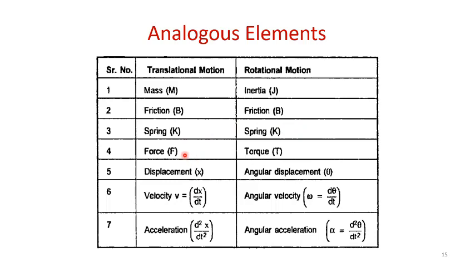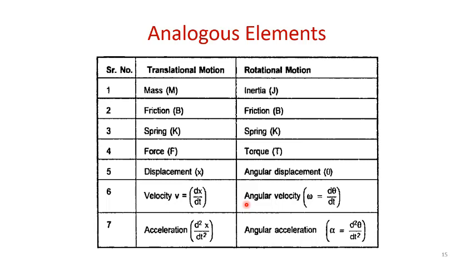and in translation we have the applied force, and in rotation we have the twisting force, that is the torque. In translation we have a linear displacement represented as x. In rotation we have the angular displacement, that is theta. In translation we have a linear velocity, that is v equal to dx divided by dt.